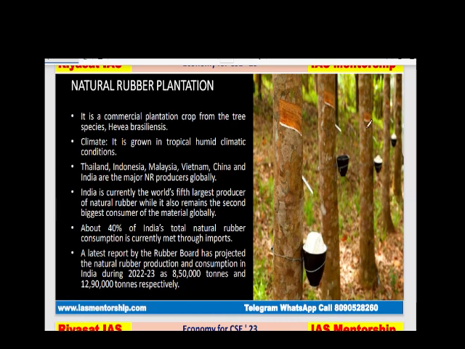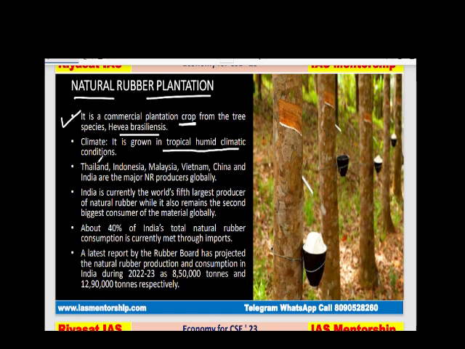Next important topic is your natural rubber plantation. Basically, it's a commercial plantation crop. Plantation crop refers to those types of crop which are grown for commercial purposes on a very large scale. Okay, what is the tree species responsible? Hevea brasiliensis. Now understand rubber is in news. You need to understand the climatic conditions responsible for its growth.